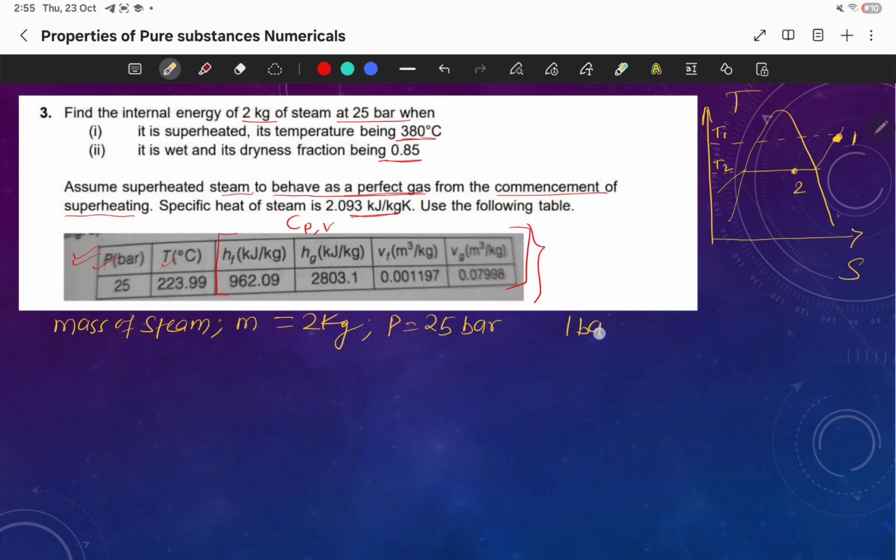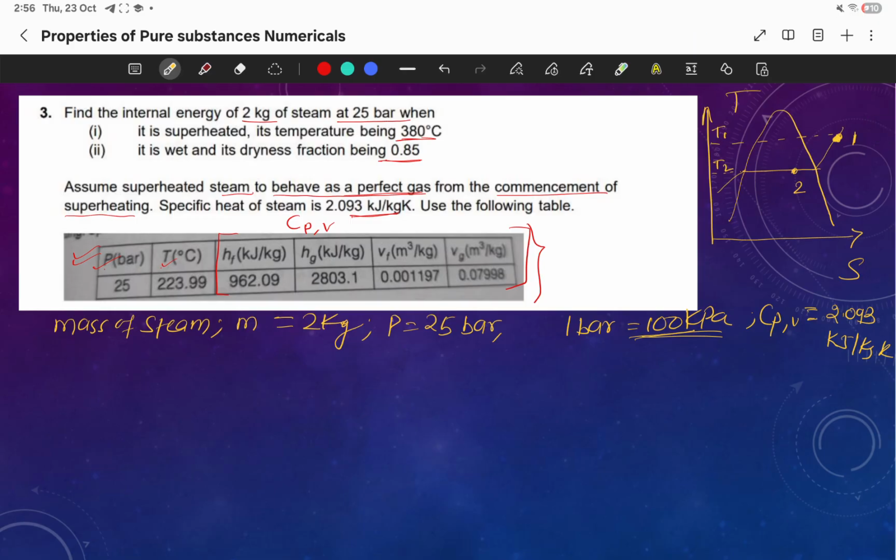We know 1 bar equals 100 kPa. We will use this relation if volume is coming into the picture. And specific heat of steam, Cp, vapor or steam, it is taken as the same here, 2.093 kilojoule per kg Kelvin.